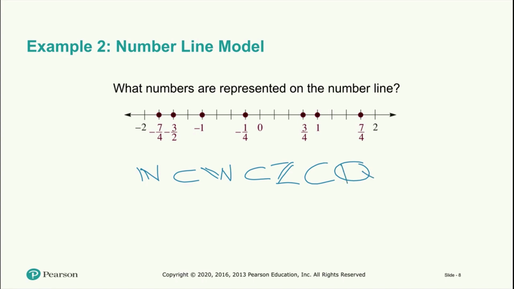And of course, all of them live on the number line, so they're all also a subset of the set of real numbers. So we have this nested relationship between these sets.